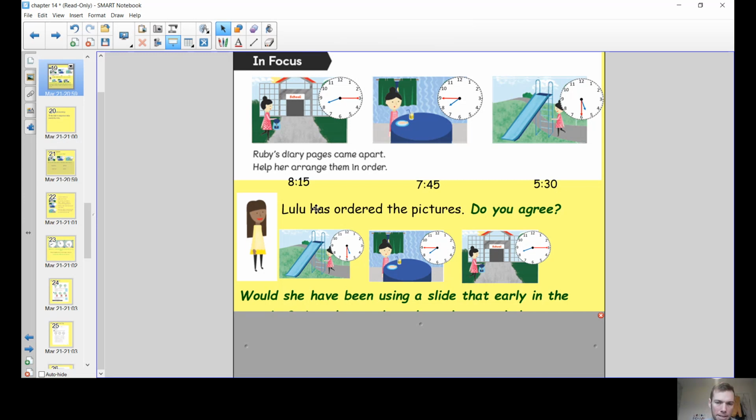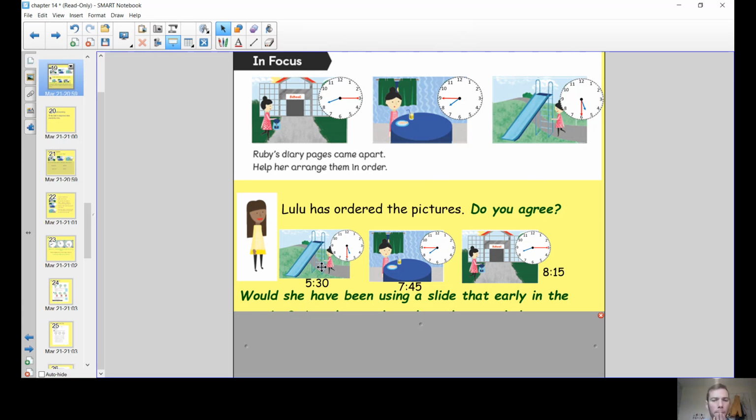Lulu has said that this slide picture, the one we said was 5:30, comes first. Okay, then she said that this one 7:45 comes next, comes after or comes later. And then she said that this one for 8:15 comes last.